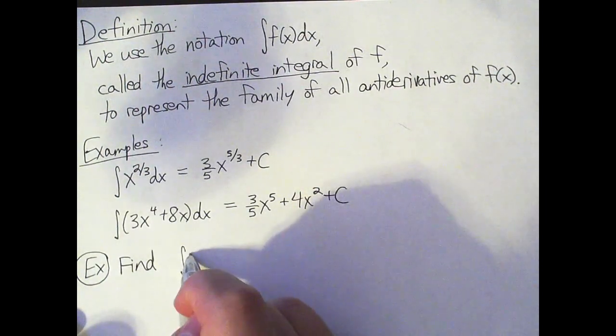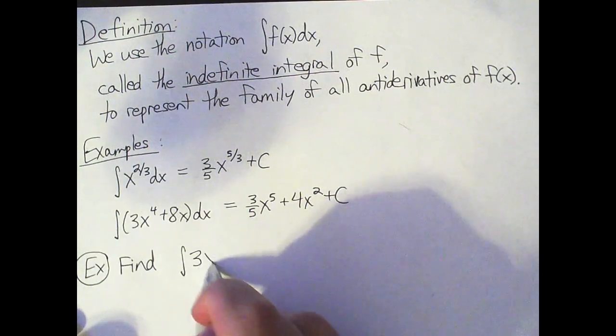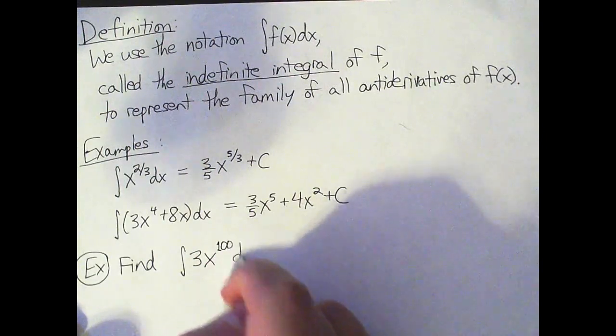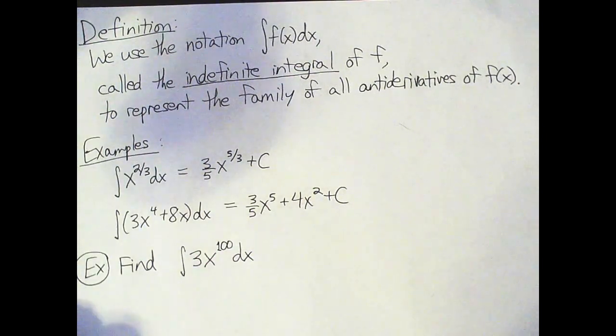How about this? I'll give you one to try. It's the same type of problem that we've been doing, but I'm writing it with this new notation. I would like you to find the indefinite integral of 3x to the 100 dx. So give that a try. Pause the video if you'd like.